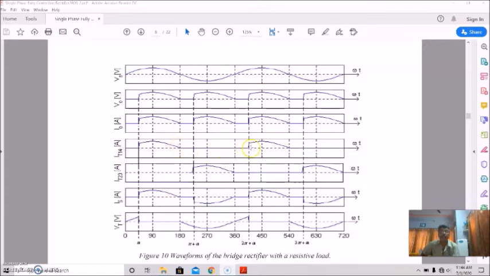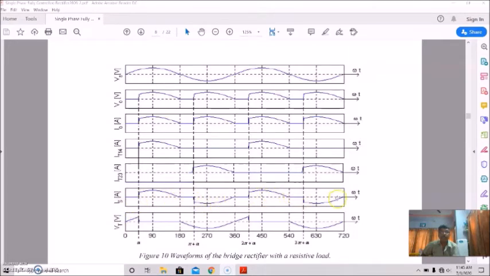This is for the second positive half, for the conduction through thyristor 4. Then this is for the first negative half, the current through thyristor 2. And then this is for the second negative half, the current through thyristor 3. If we combine, it will be the source current like this.